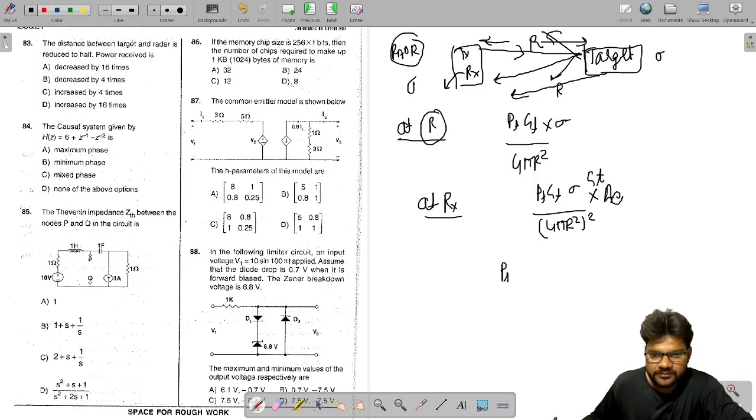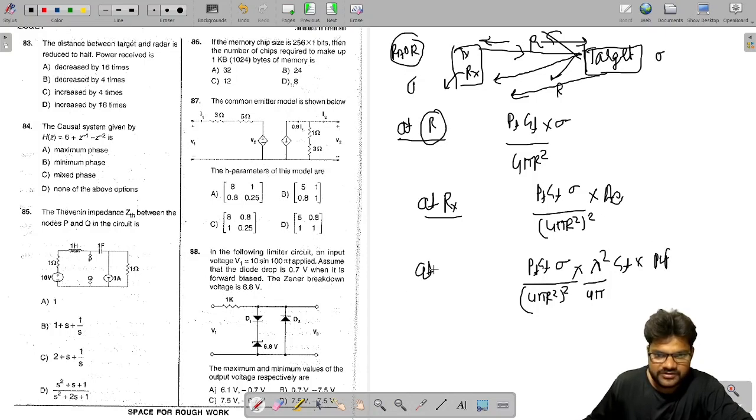I am making mistakes, so Gt is not coming there. So it is Pt Gt sigma by 4 pi r square whole square, and the effective aperture area is lambda square upon 4 pi Gt into the polarization loss factor. So at the receiver, the power received is this much, right?